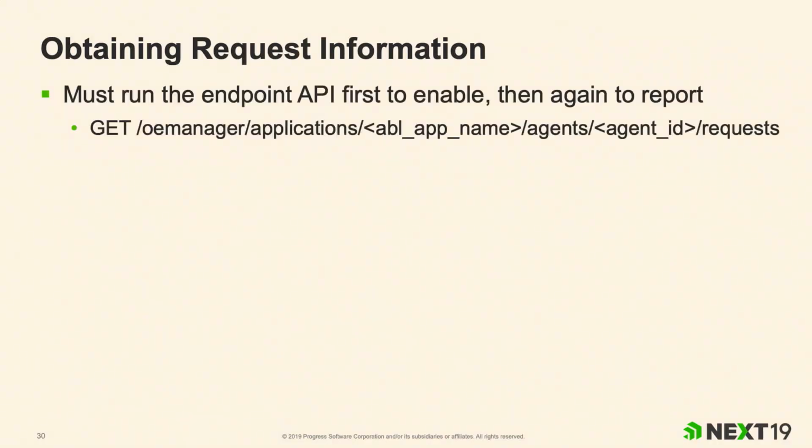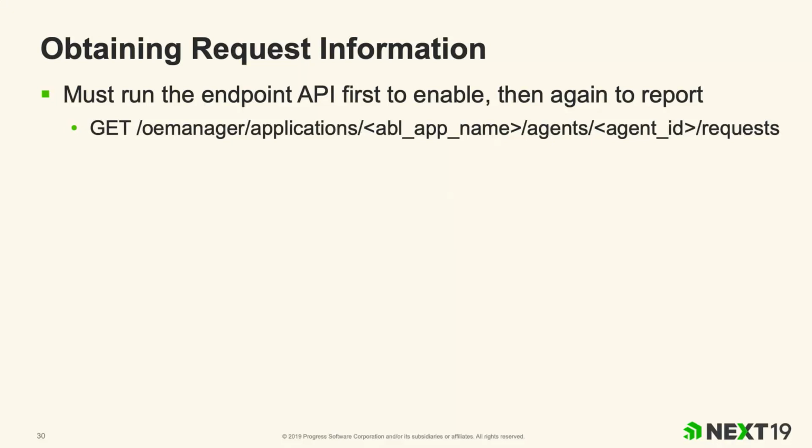And then lastly, the request information. This one behaves a little bit different, but it's again another one of those. The first time you hit this endpoint basically tells the system start tracking. So unlike the ABL objects, there's not a separate toggle for starting and stopping.